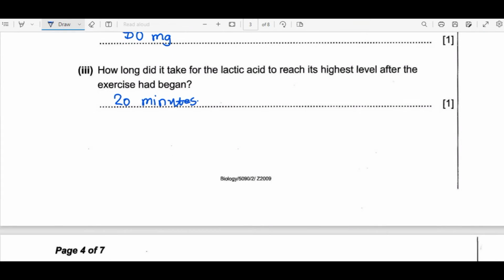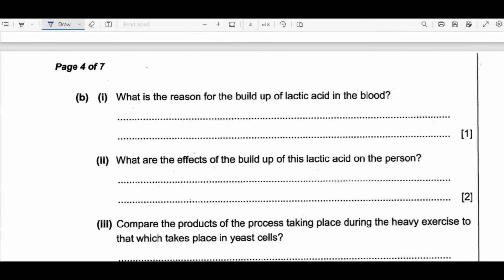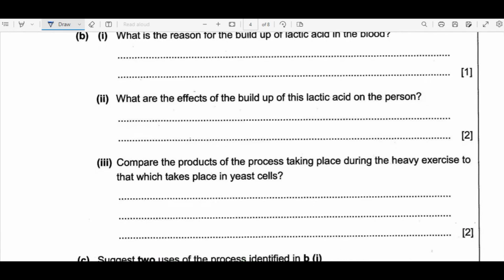Okay, we move on to question B1. Under question B1, what is the reason for the buildup of lactic acid in the body? The buildup of lactic acid comes from the process of respiration. Now respiration can be defined as the release of energy from food.